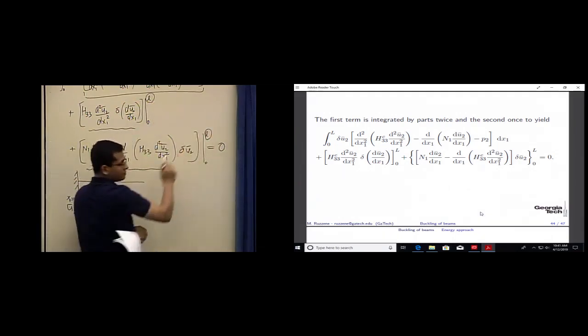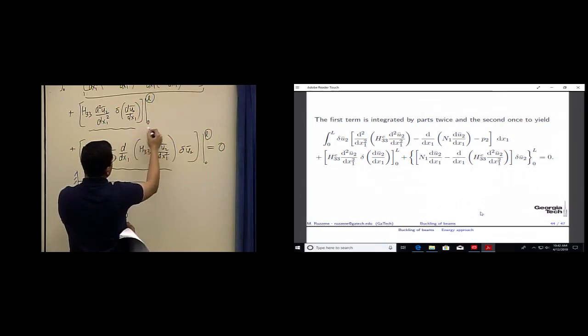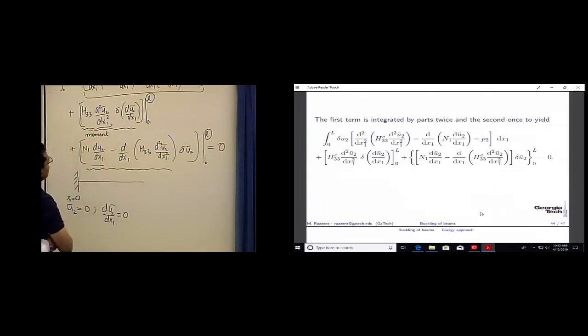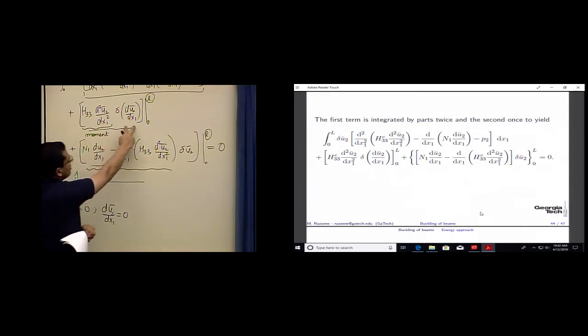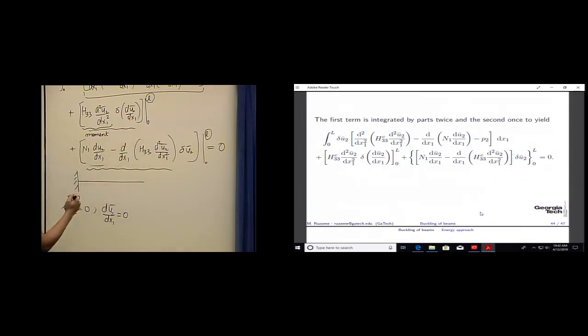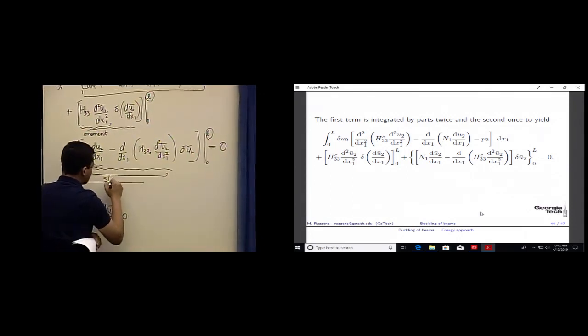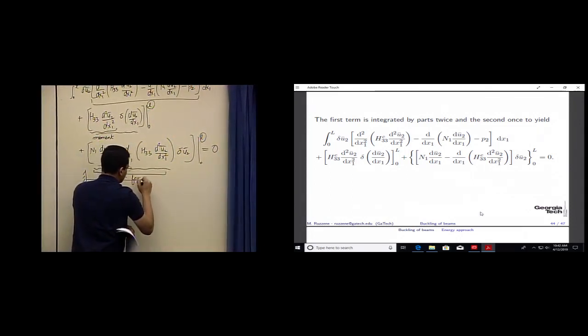at L, which are your shear force and moment boundary conditions, right? So this one is going to be 0. So this entire term represents the moment. h33 second order derivative of u2 with x1, because this term is arbitrary. And then this term is your shear force boundary condition, right?